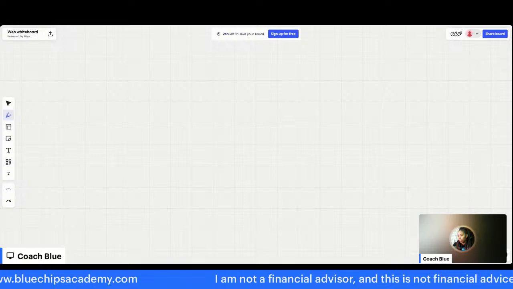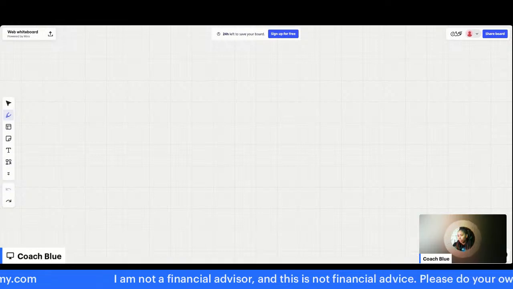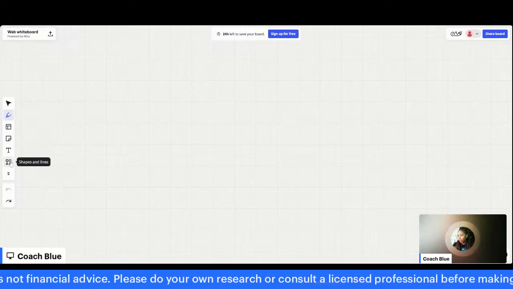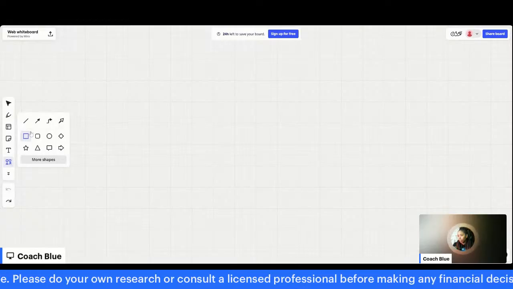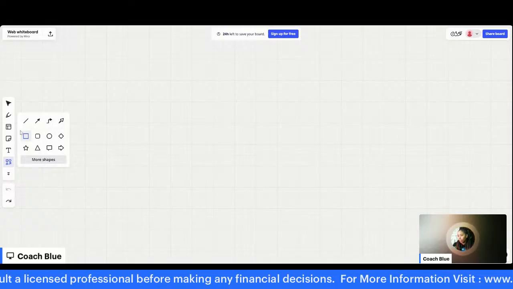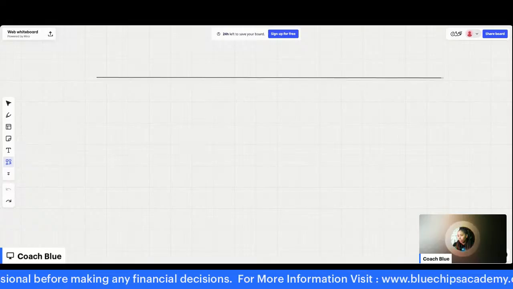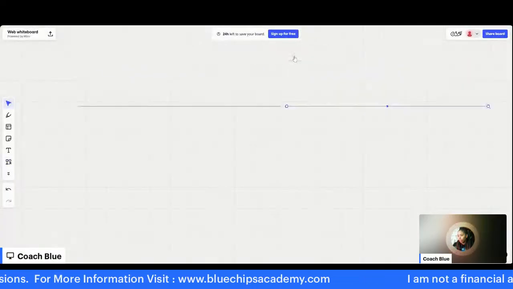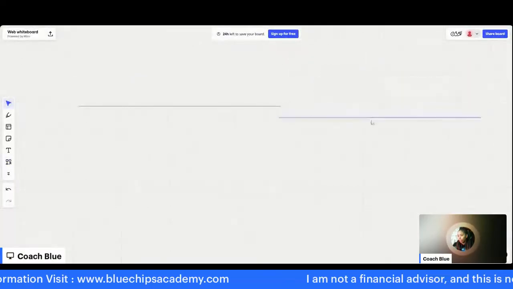So, of course, as we all know, we have our key levels when we're looking at the market, right? So I'll just set a couple of levels here. Let's see if I can grab a couple of lines, see if it'll let me do it this time. Yep. Okay, so we got a couple of lines here. We'll use these as our key levels. Okay, let's see. I'll make a couple of these here.